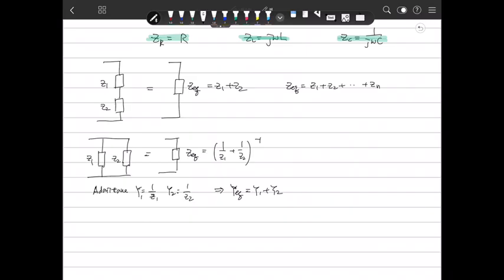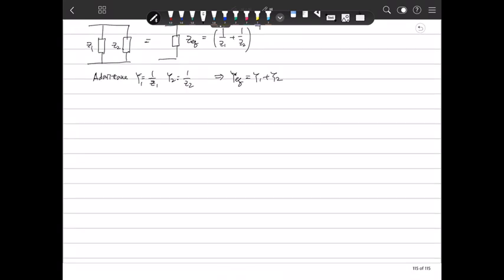So we can prove this relation. First, we can do this: Z_EQ is Z1 plus Z2.